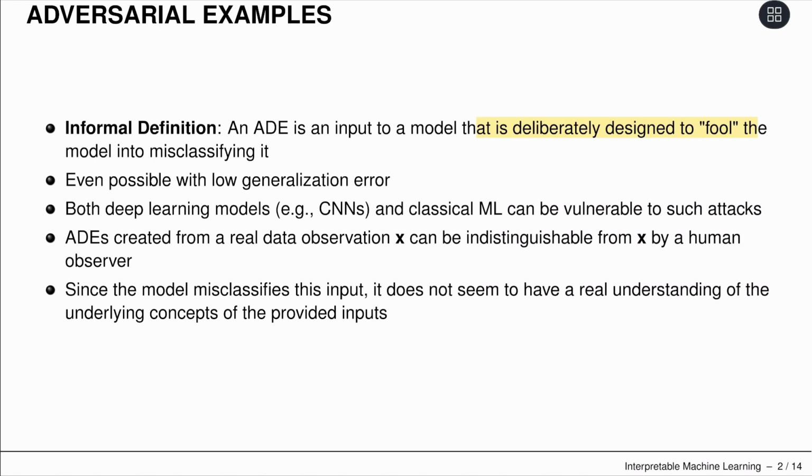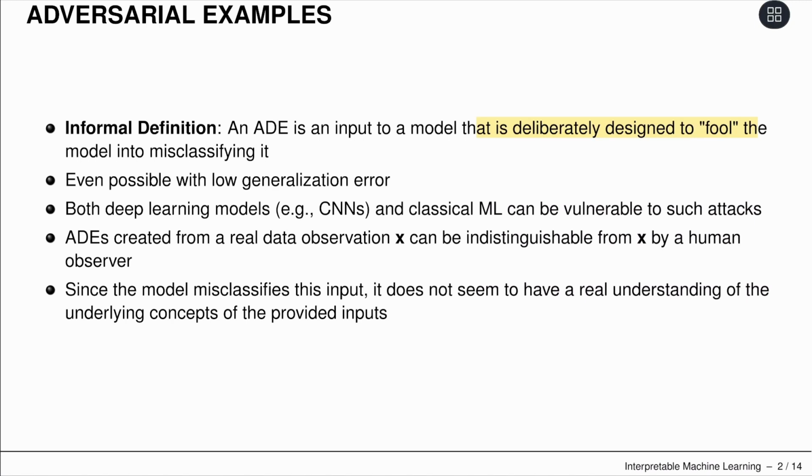Even if we have models with low generalization error, where I believe in most cases the model will do what it should do, nevertheless there can be adversarial examples, which is of course not a good thing for machine learning in general. Both deep learning models, for example convolutional neural networks or others, and also classical machine learning models can be vulnerable to such attacks, which really shows that it's a problem in general.